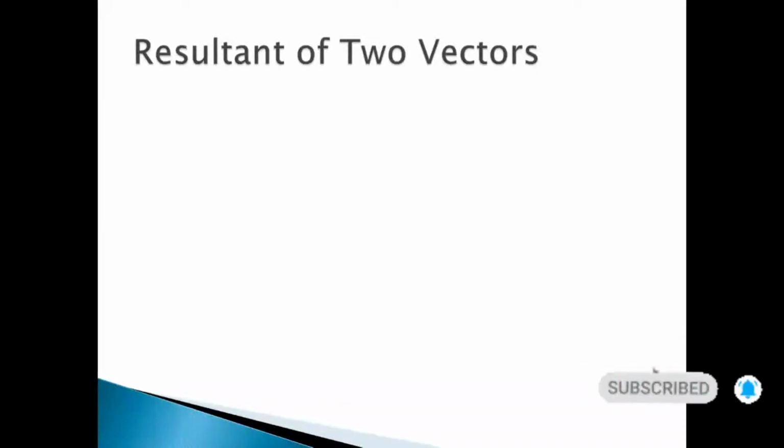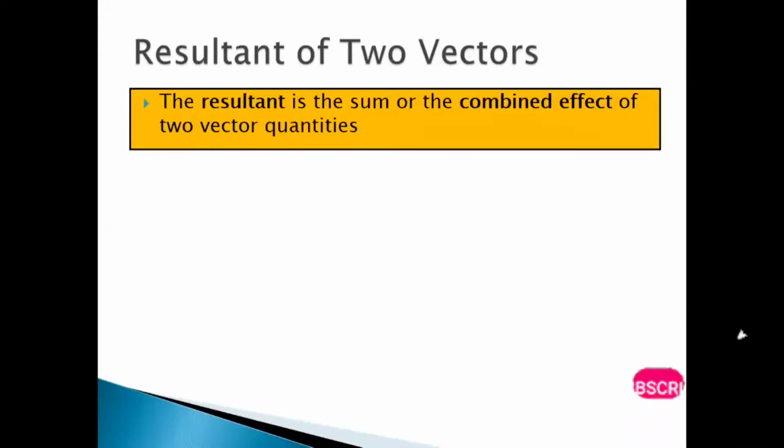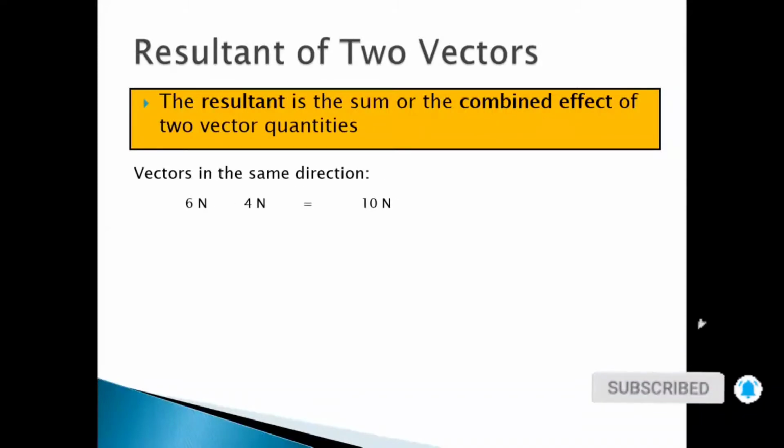Now, we need to determine the resultant of these vectors. The resultant is the sum or the combined effect of two vector quantities. Example, you have 6 newtons and 4 newtons. What will be the effect, the sum, or the resultant vector of this?